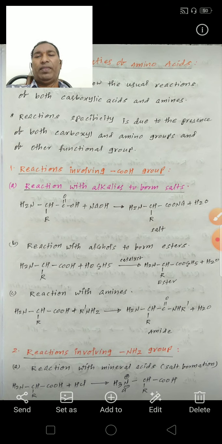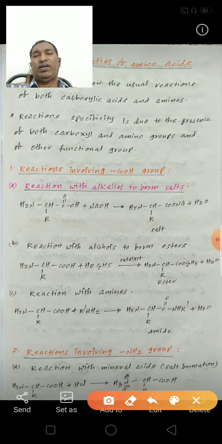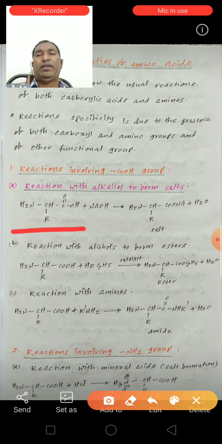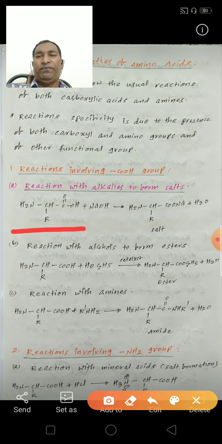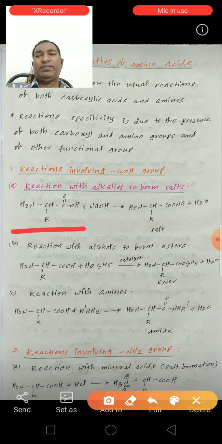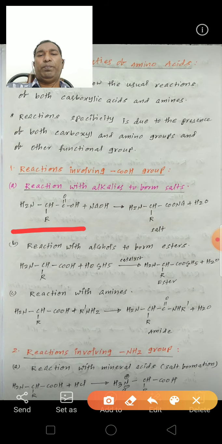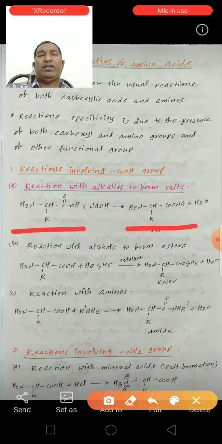Here, see amino acids, NH2CHRCOOH, the general formula of alpha amino acids. When it reacts with sodium hydroxide, a base, the acid reacts with the base to form a salt, NH2CHRCOONa.